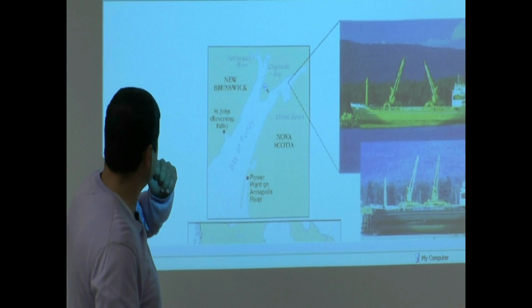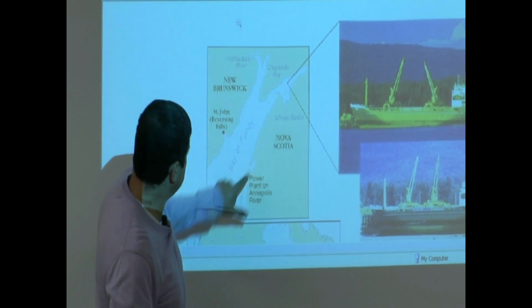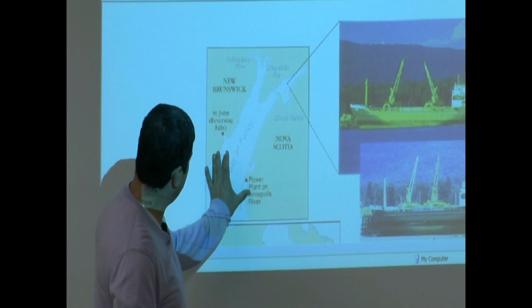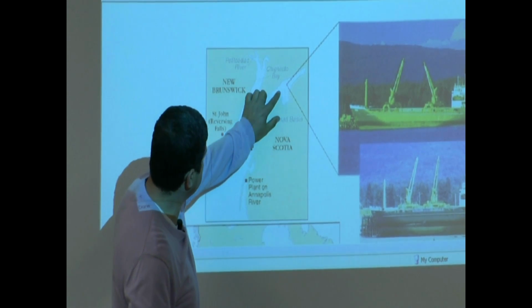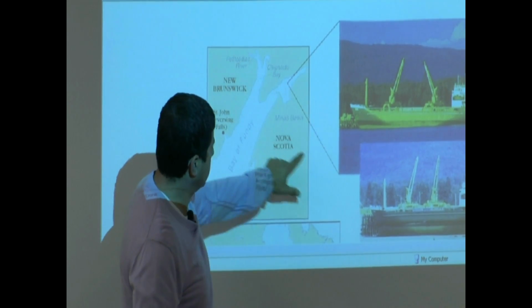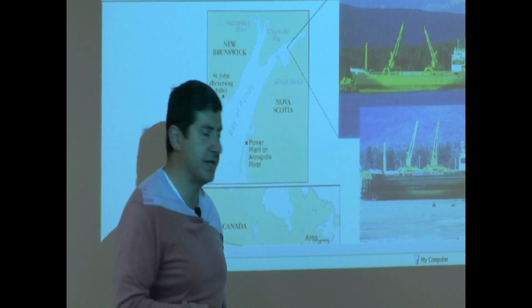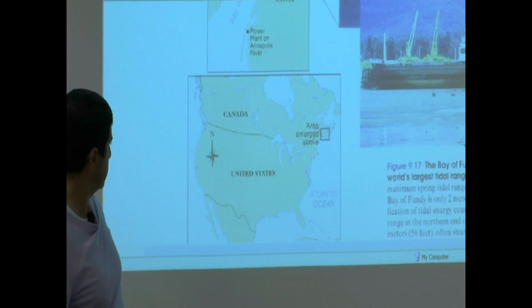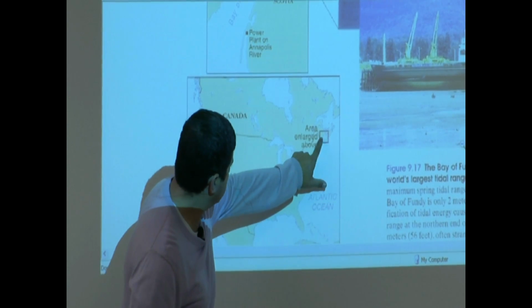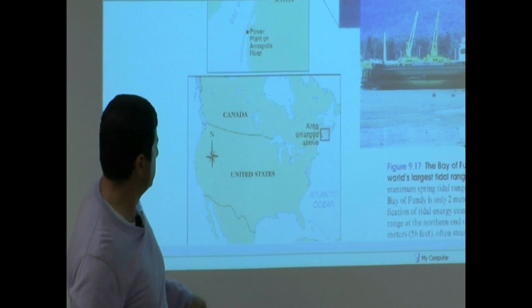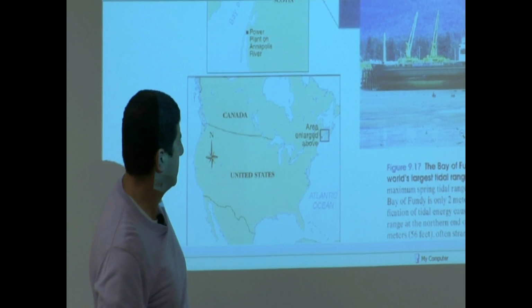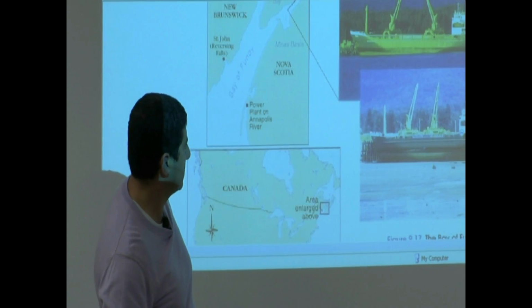It's in Canada. You see here, so basically it's a very small bay like this, and then it goes in. You see here on the eastern side of Canada. It's known as the Bay of Fundy.